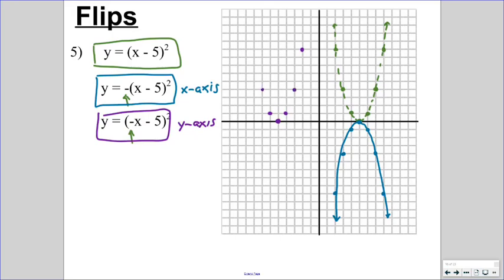Missed the 4 there. Okay, fix that. And there we go. Okay, it's a little tricky on an iPad. So that is our flip across the y-axis.